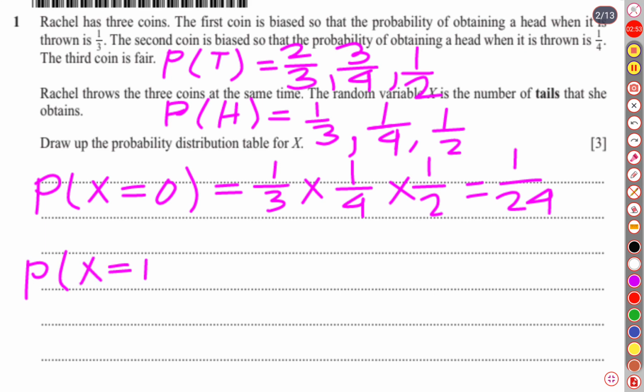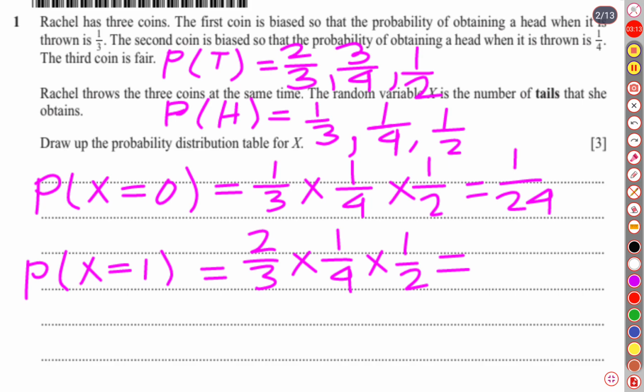Then when there is only one tail, there are three possible cases. Suppose first one is tail. So for the first coin tail, but the rest two may be heads. So those are one fourth and half, 1 over 4 and half. This is not all done, so there are two more cases.